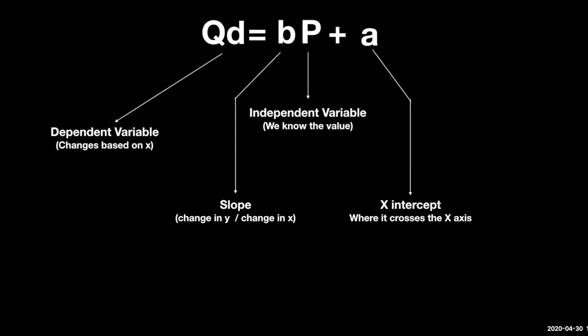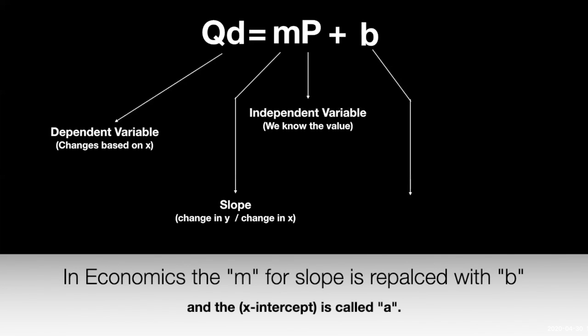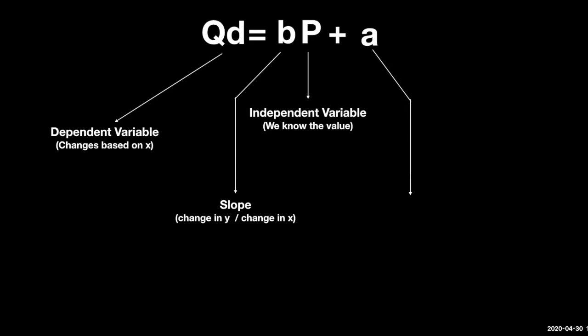I haven't quite got to the formula yet, but it's the same basic thing as what we had a minute ago. M was the slope, b was the x-intercept. I shouldn't have made it move like that because b is now the slope. Again, why they did it like that is because they simply wanted to go A, B, and C, D for supply.